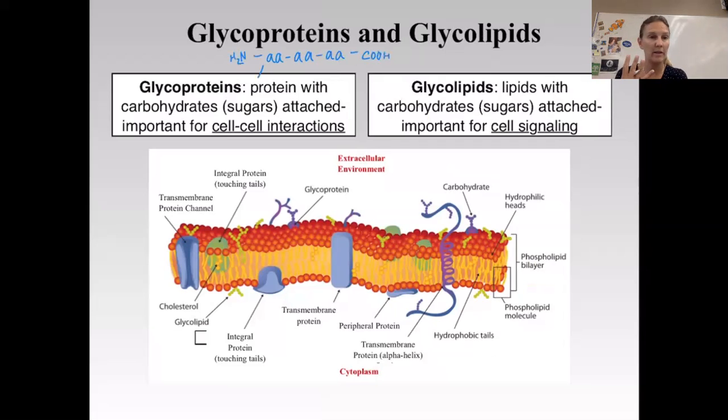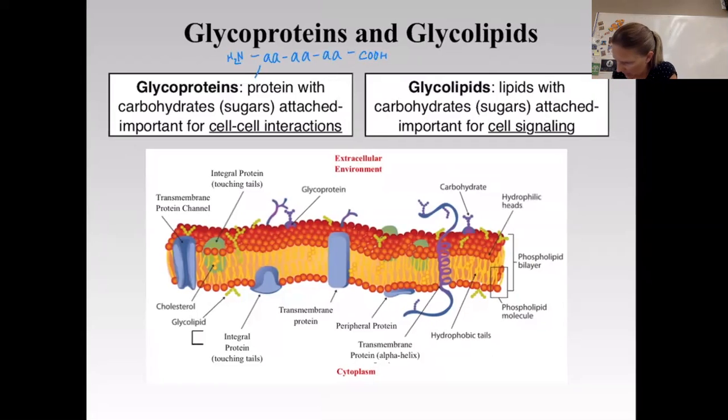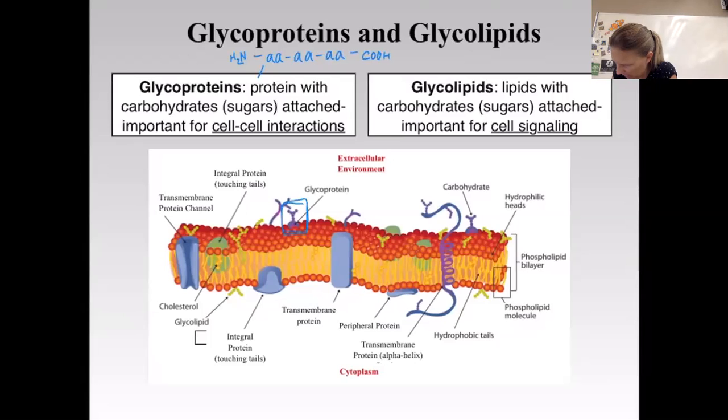And they have those 4 levels of protein folding. So these glycoproteins have carbohydrates or sugars attached to them. So if we look here, this here is a glycoprotein. This is a glycoprotein. This guy is a glycoprotein, right?